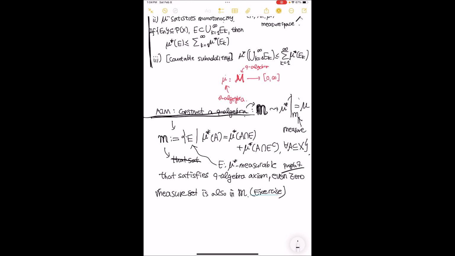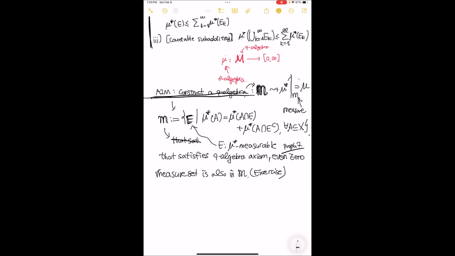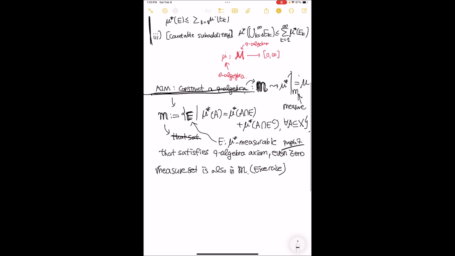So if we collect M, the sets E satisfy the basic sigma algebra axioms: closed under complement and closed under countable union, and the zero sets are also in M, and so on.